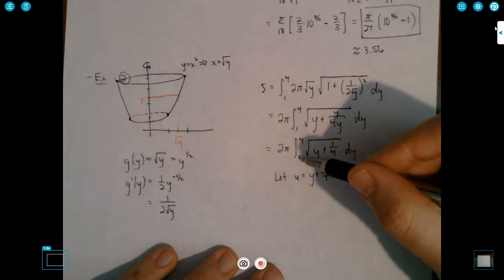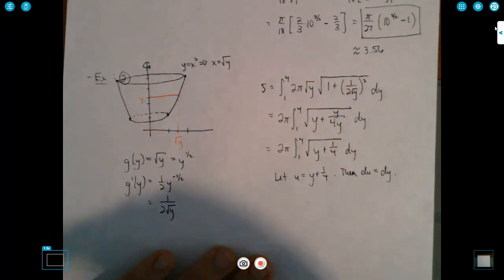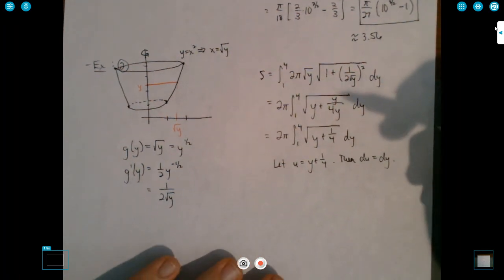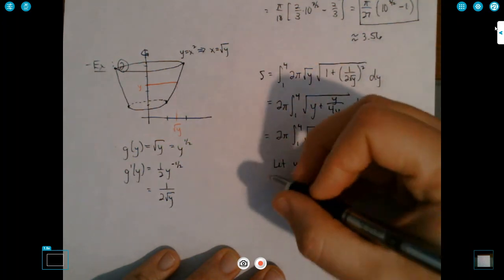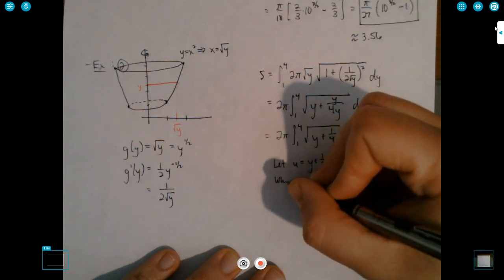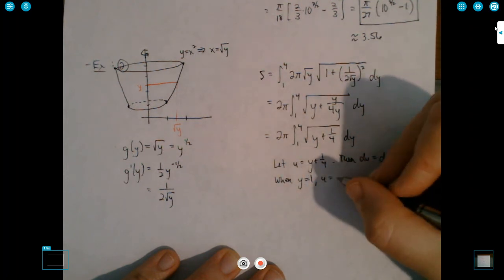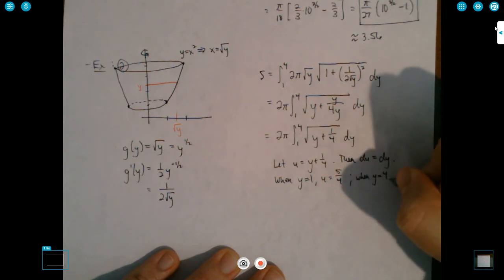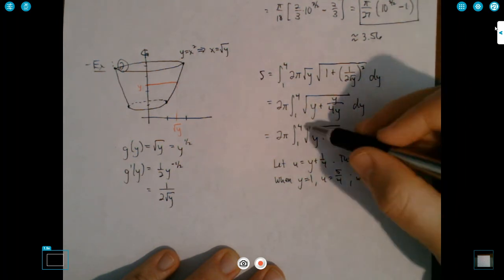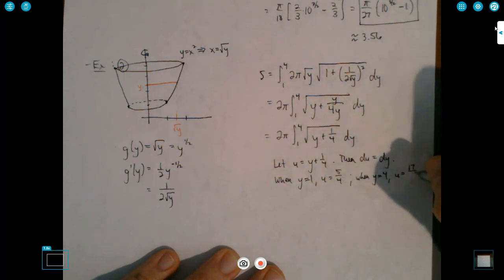I suppose we'd have to change our limits of integration. Oh, man. Those were nice limits of integration. Well, okay, that's fine. So when y equals 1, u equals 5/4, right? When y equals 4, u equals 16/4 plus a fourth, so 17/4.